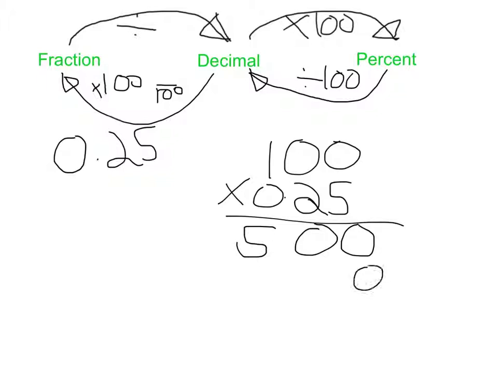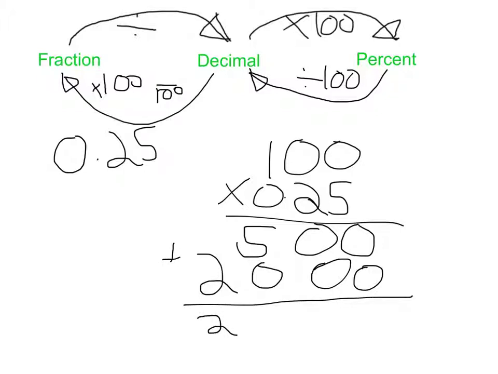Now we add our 0 as our placeholder, and 2 times 0 is 0, 2 times 0 is 0, and 2 times 1 is 2. Now we add these together, and that equals 2,500. Although that doesn't make sense, how can 0.25 be equal to 2,500%?